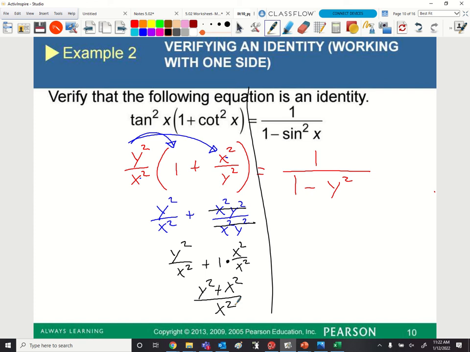Now, this next piece right here is something you have to be able to identify. I'm trying to give you a hint. It's an identity. It's also in your notes too.